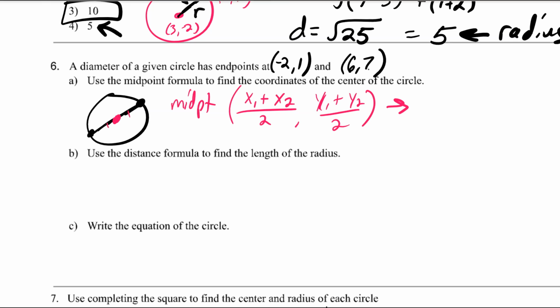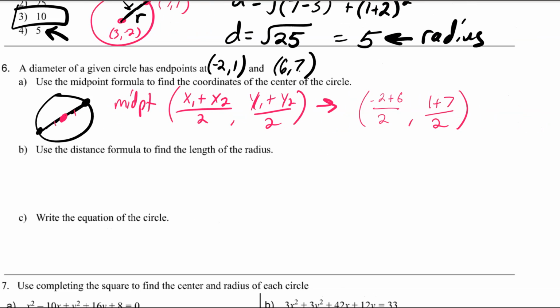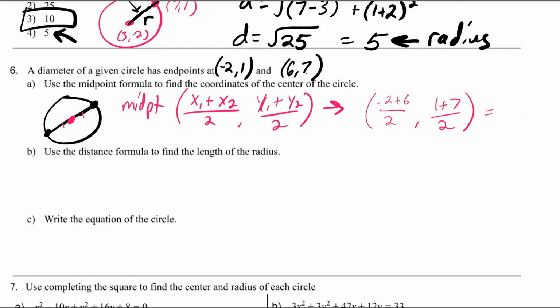So if I substitute into that, if I add my 2 x values for the endpoints of my diameter, and the 2 y values for the endpoints of my diameter, I find that that midpoint, let's see, -2 plus 6 is 4, divided by 2 is 2, and 1 plus 7 is 8, divided by 2 is 4.